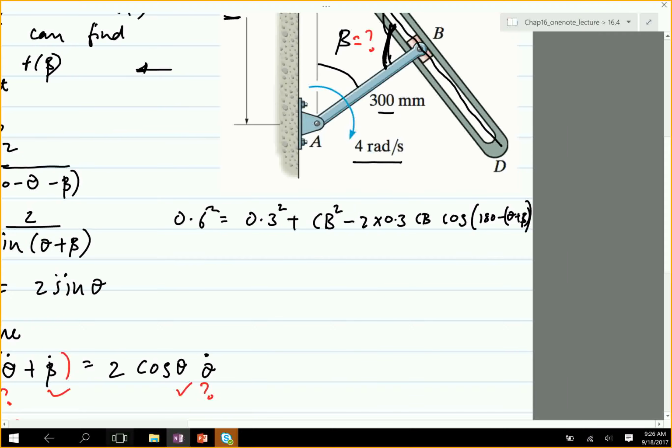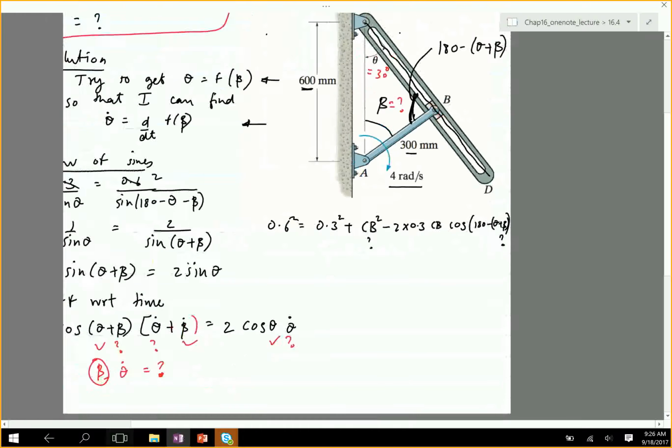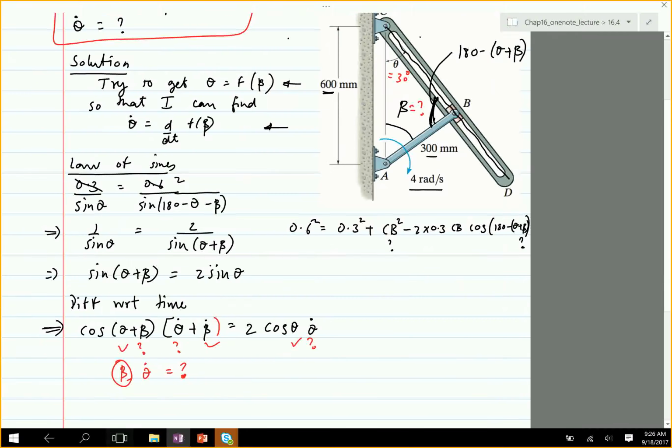Okay, so that again has two unknowns, right? Beta is an unknown and CB is an unknown. So that by itself will not help us.